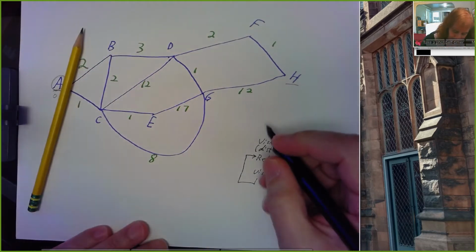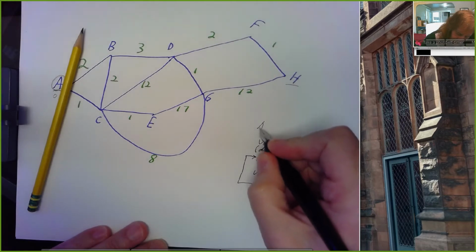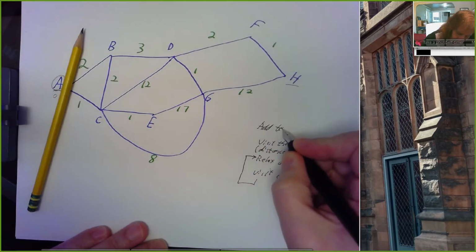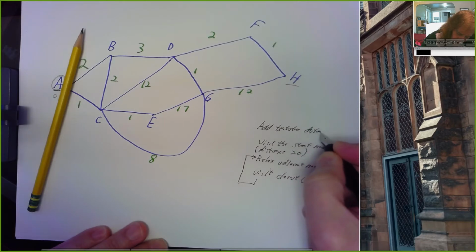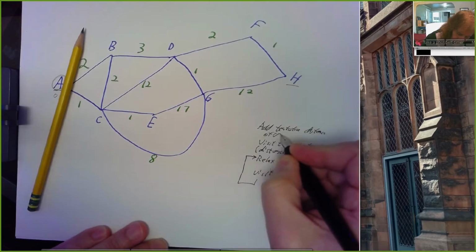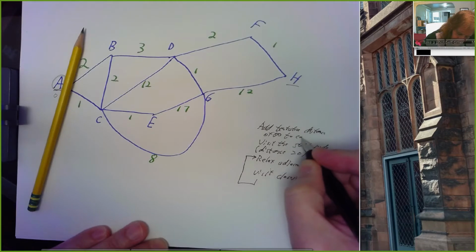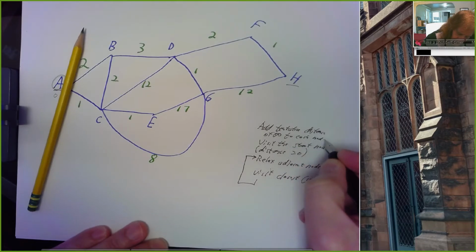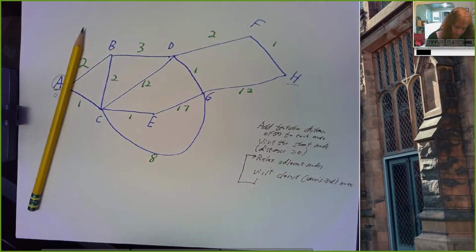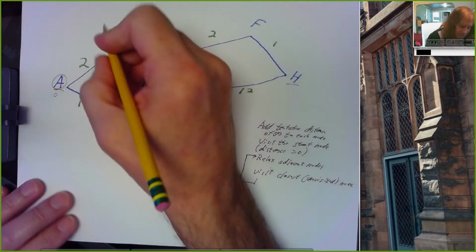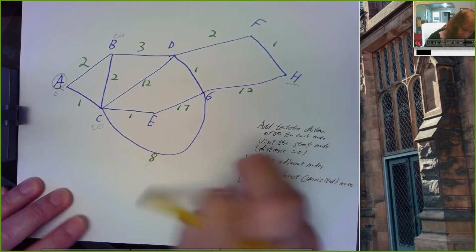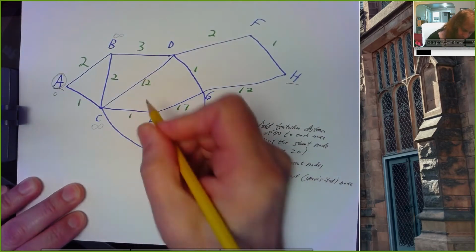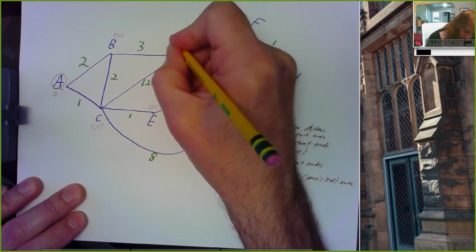So there's a preliminary step: add a tentative distance of infinity to each node. So worst case, the distance from A to B is infinity. Worst case, the distance from A to C is infinity, and so on. So we add these tentative distances.